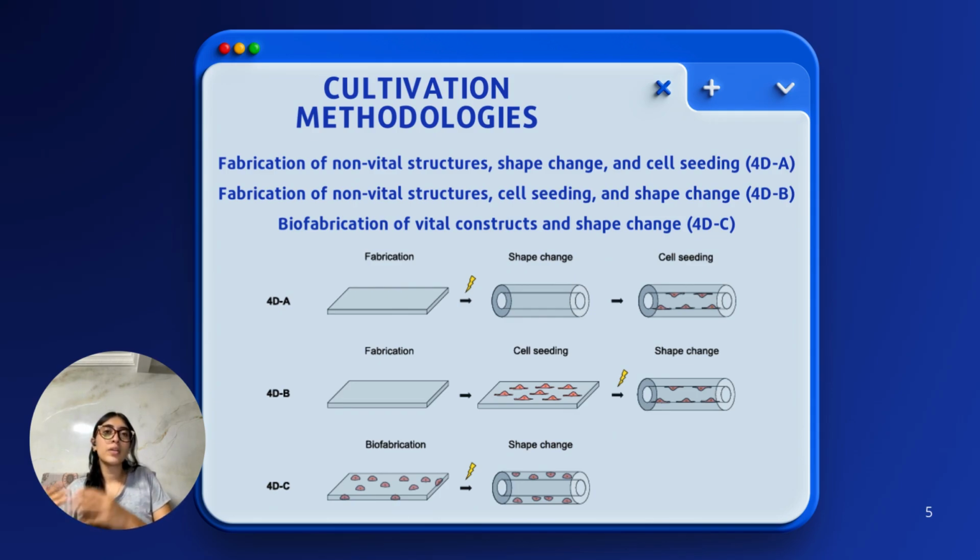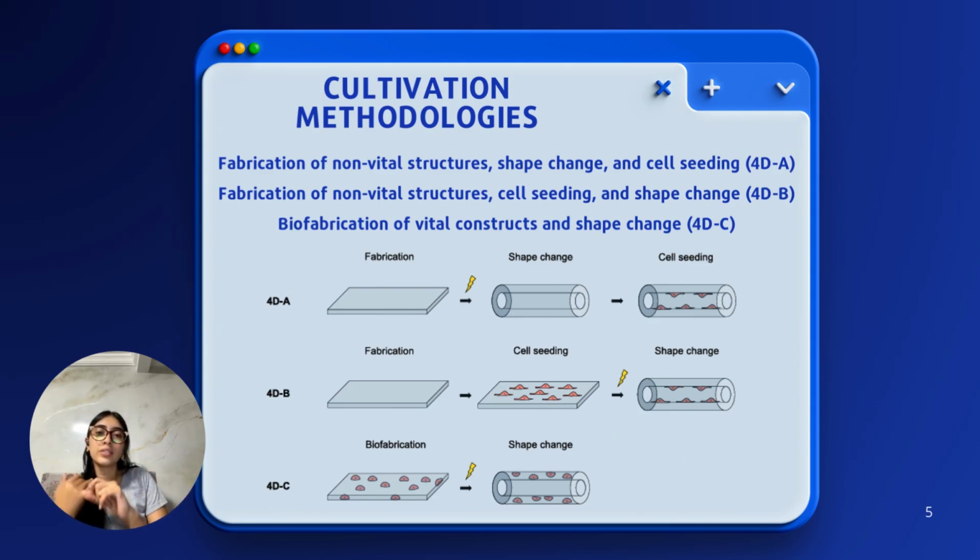There are three main strategies in 4D tissues. First is 4DA, where the scaffold is made without cells. It activates first to change its shape, and only then are cells added. This protects the cells from stress during the transformation.